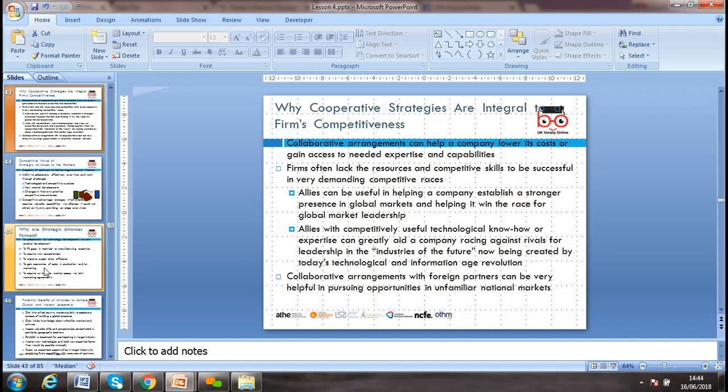Why are cooperative strategies integral to competitiveness? Sometimes we work differently and we merge together, becoming bigger. That could be a focus on cost, because we are producing in bulk, cutting management level jobs, and getting initiatives from the government as well, providing more jobs, more skills, more expertise, sharing knowledge and abilities.